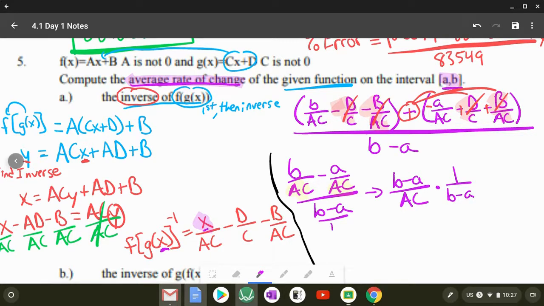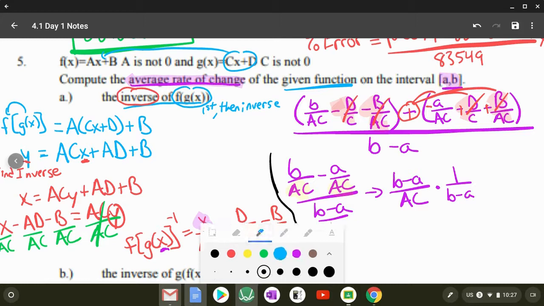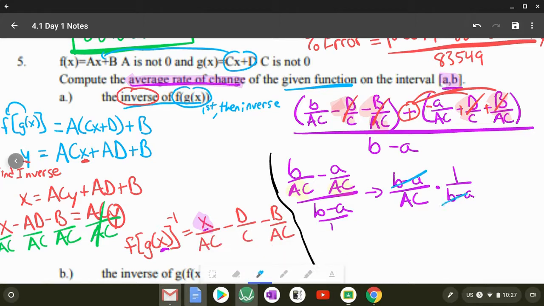So if this was over 1, we could multiply it by the reciprocal, which, oh, look at that, they cancel. Your final answer is that the average rate of change of the inverse of f of g of x is 1 over ac. Simplifies really nicely.